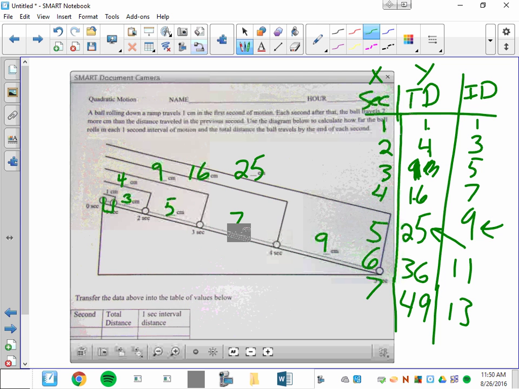Okay, so we now know that the middle column is just the square of the second. So how far will the ball have traveled after 10 seconds? What's that? 100 centimeters. What about 20 seconds? Not 200. What's 20 squared? 400. 20 times 20 is 400.